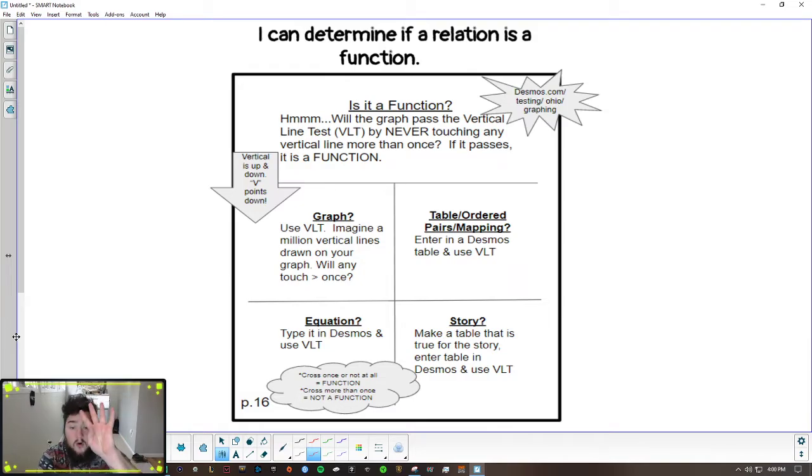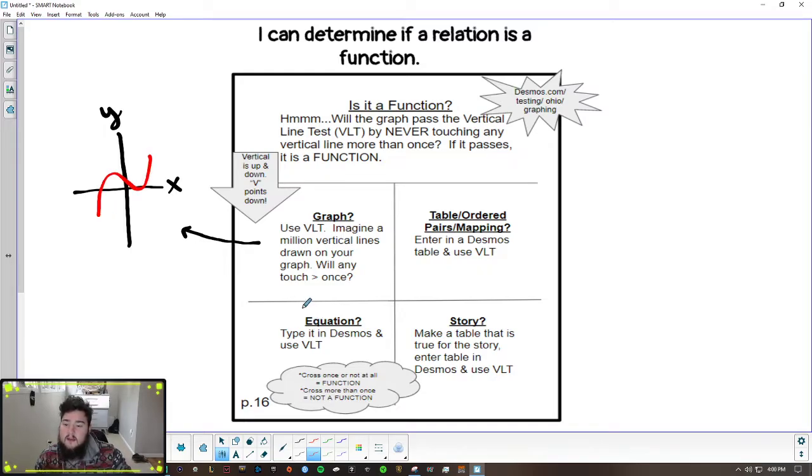So there are 4 ways a relation can be represented. The first way is a graph. We've all seen a graph. A graph is our XY coordinate plane. It can also be represented as an equation.